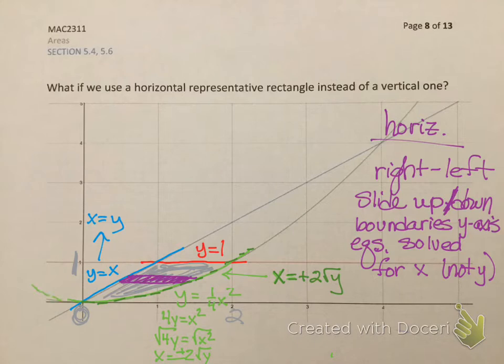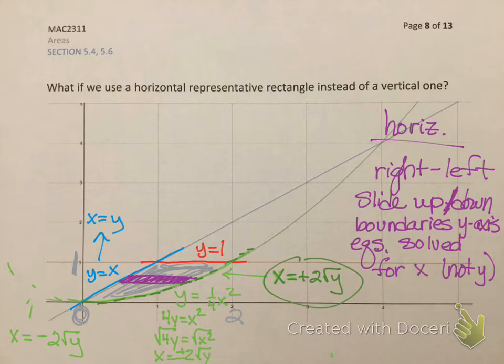This part of the curve over here is x equals negative 2 square roots of y. I'm not using this part of the curve over here. I'm not using this thing. I am using this.